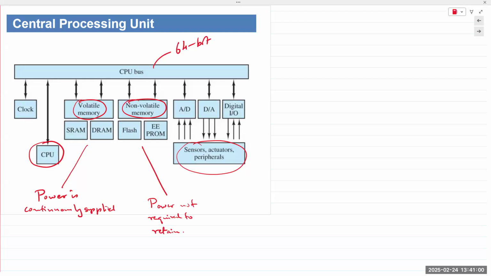Okay, volatile memory, power must be supplied in order for the data to be stored. Non-volatile memory, power is not required to retain the information.